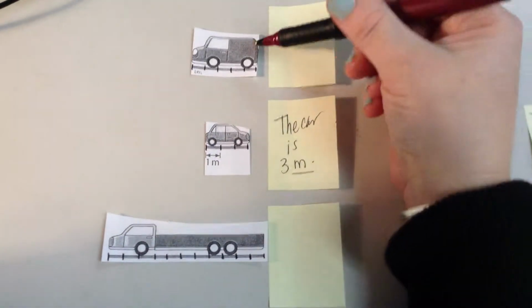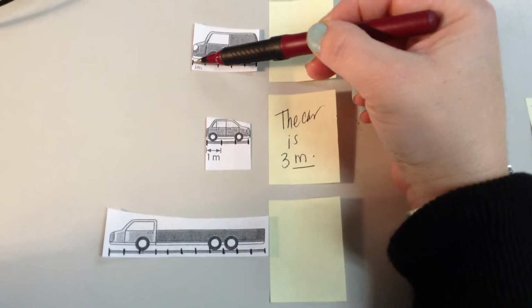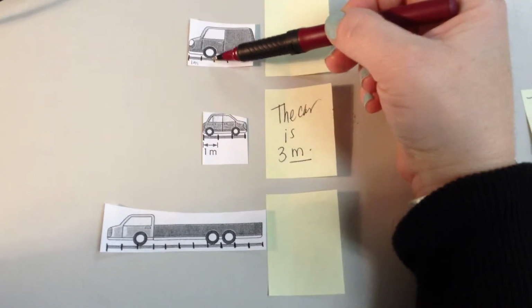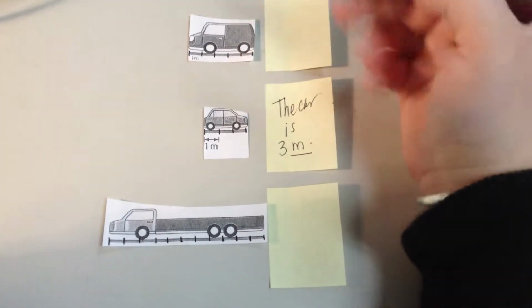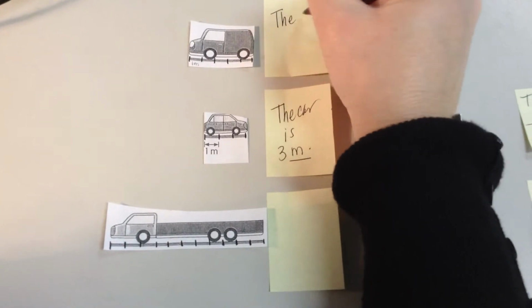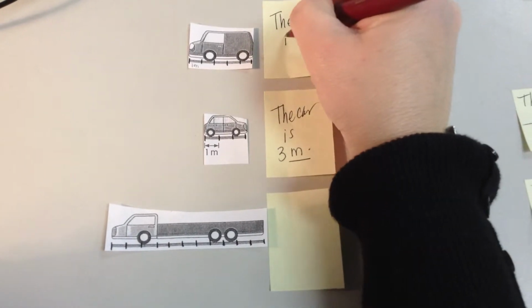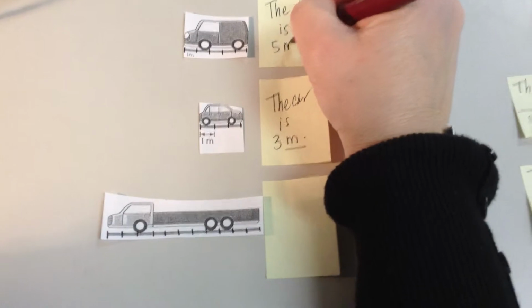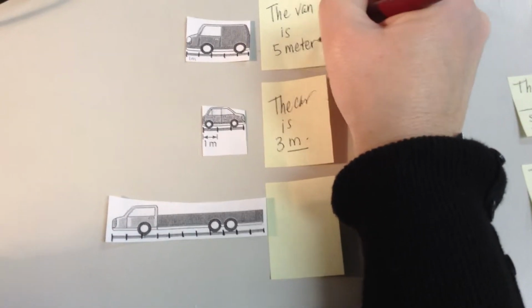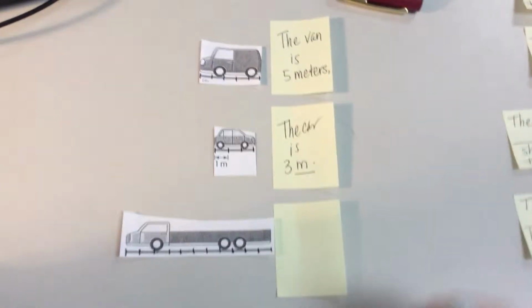Now let's look at the van. We know that one space is 1 meter. 1, 2, 3, 4, 5. The van is 5 meters, and we could write it out or just use the abbreviation.